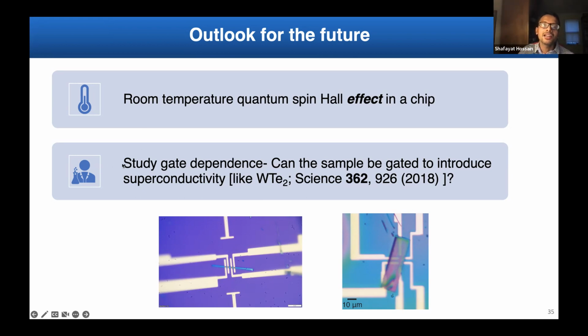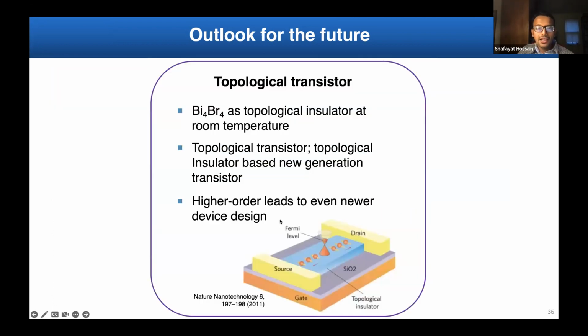Another dream is to do a gate dependence and see if we can induce a superconductivity, kind of like tungsten ditelluride. And of course, there is more in the future. Eventually, we would love to make a device that realizes a topological transistor, and of course, with higher order topology, the design can be made very rich.